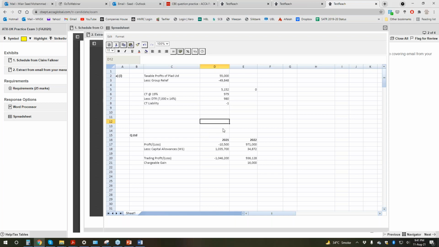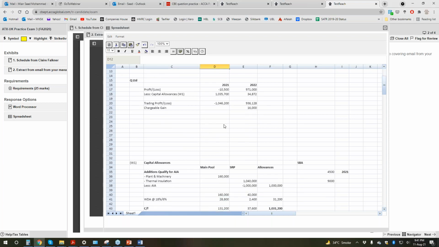Now, moving on, what will be the total profits for Q Limited? Let's complete Q Limited's working. It will be this plus this, but obviously it does not have any chargeable gains, so its answer remains the same. If I copy the same formula, its profit will be this.